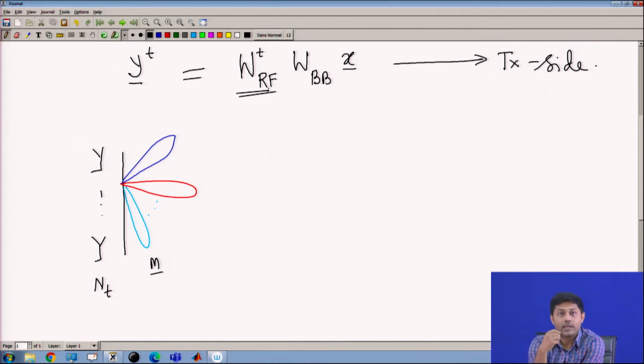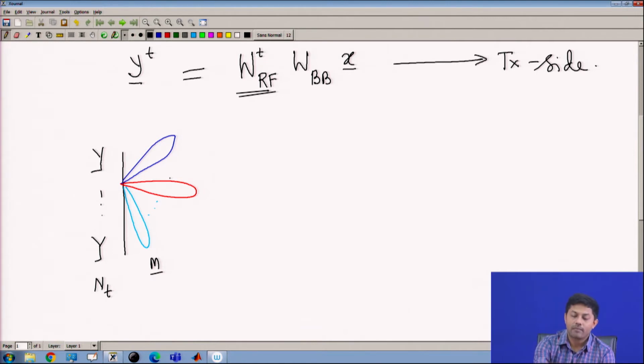I will create the data model for each and every beam, because not every beam will finally be received by all the users.